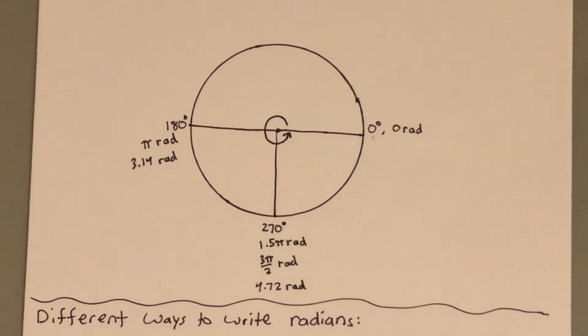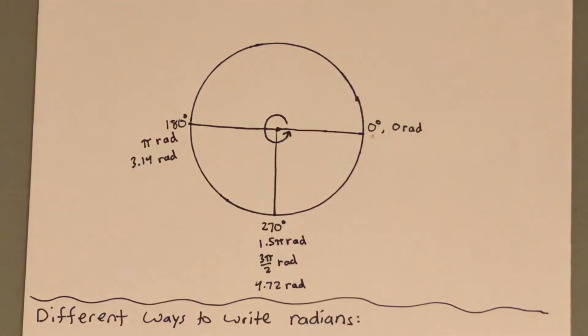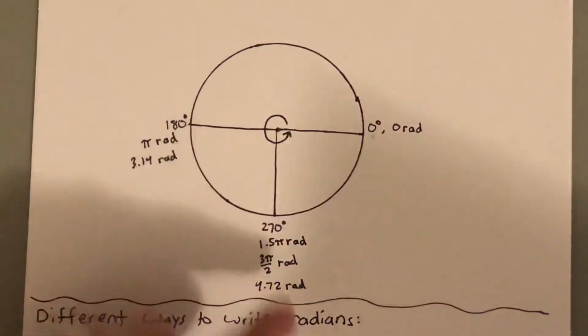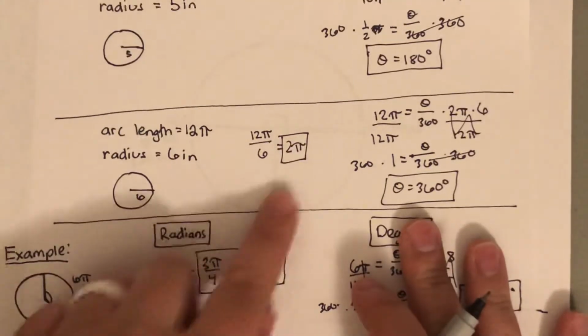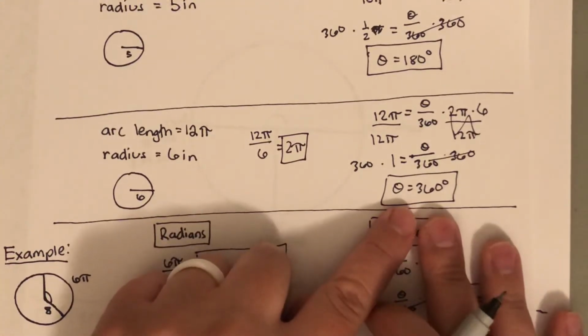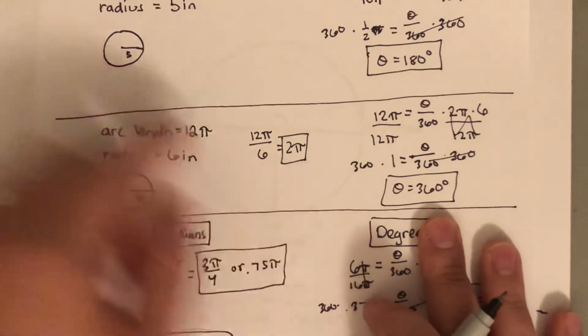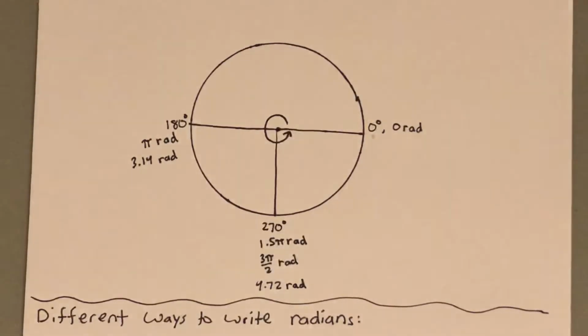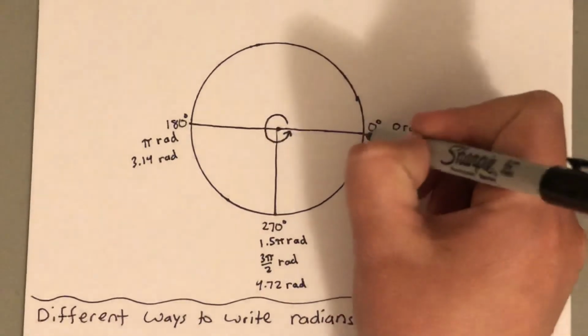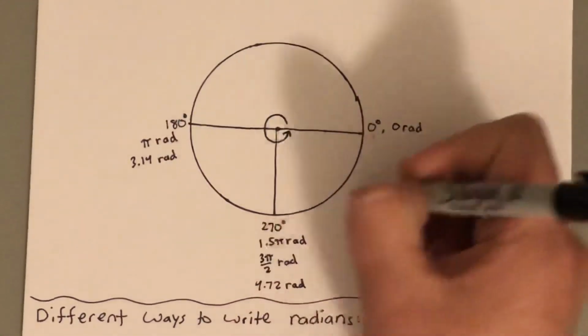We also learned that all the way around the circle is 360 degrees, which is the same as 2 pi. So if we start here, we go all the way 360 degrees around.